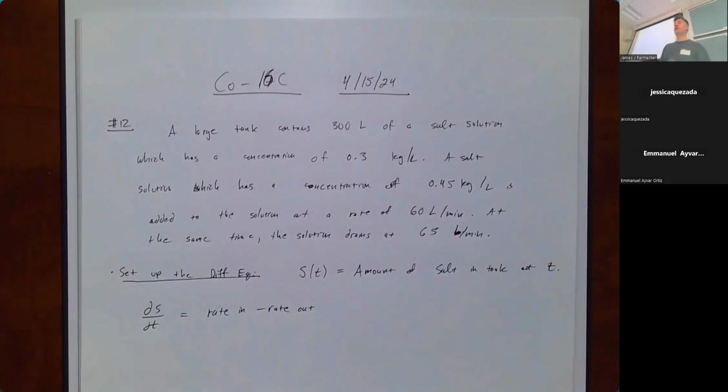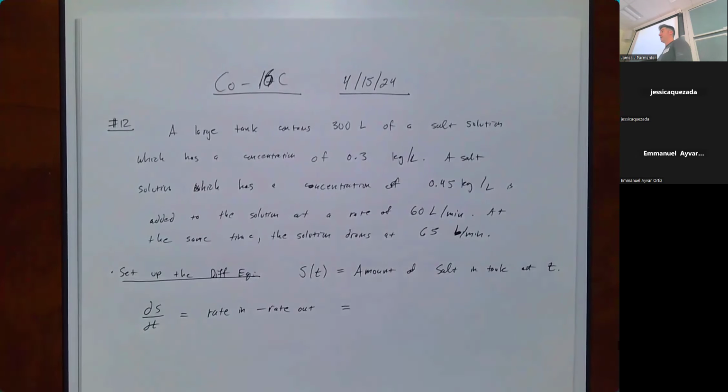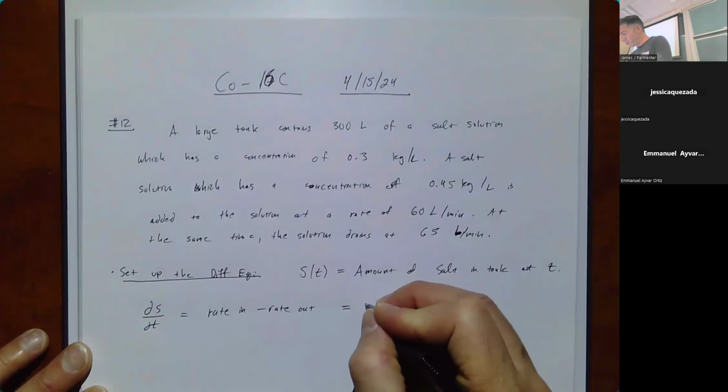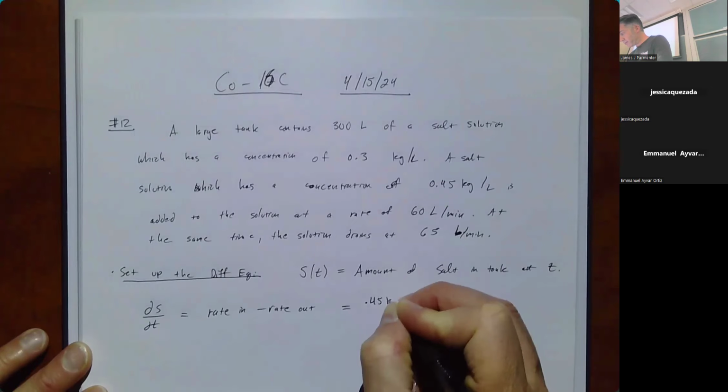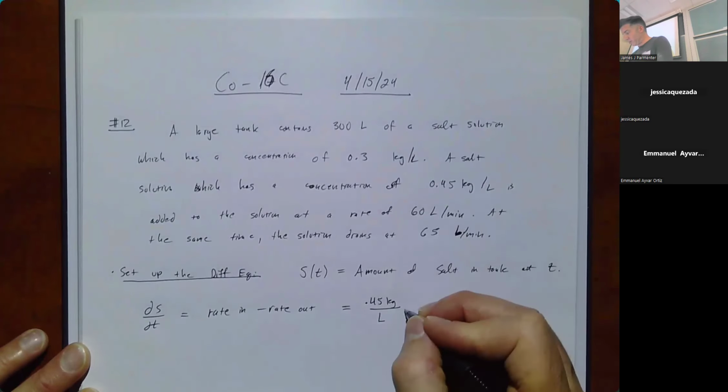The in part is usually the easier part to deal with. I'm really thinking of it as the concentration of the solution going in times how fast we're putting that in. The concentration going in is 0.45 kilograms per liter, and we're putting it in at a rate of 60 liters per minute.